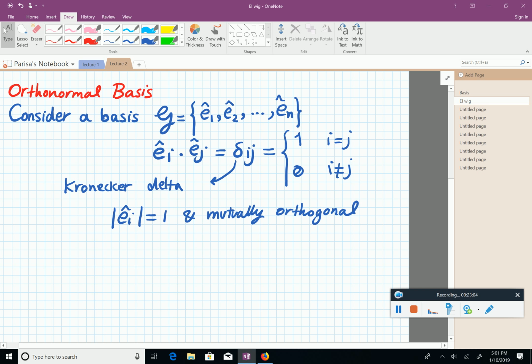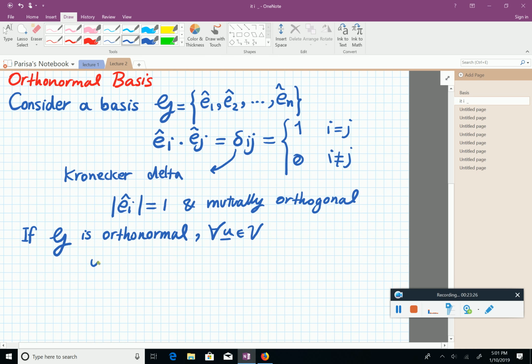So I just go to that directly. So if G is orthonormal, then if you have a vector, like before, you can write the vector as the summation like that.